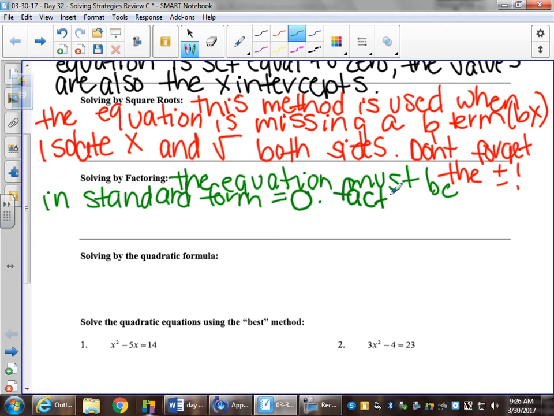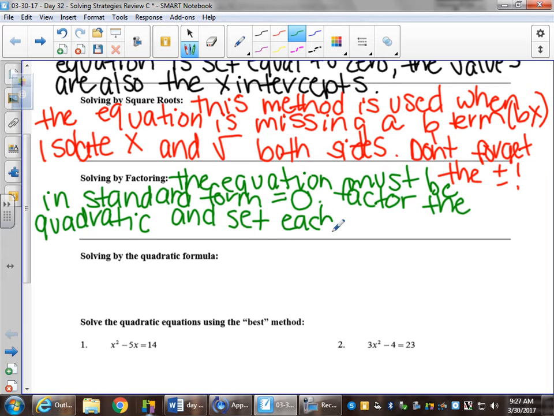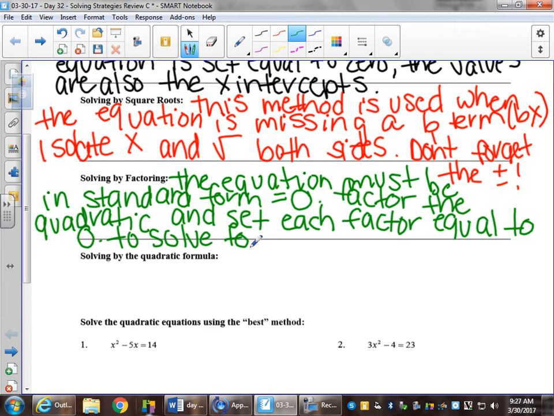Factor the quadratic and set each factor equal to 0 to solve for x. So basically what you did on your quiz.